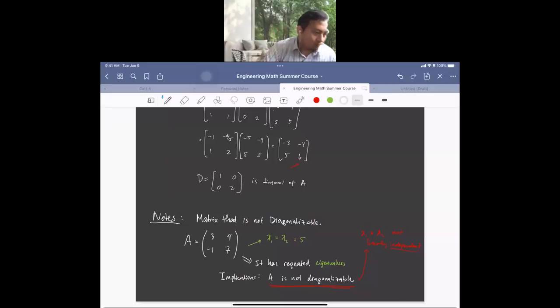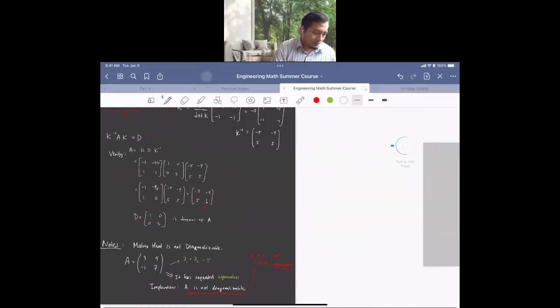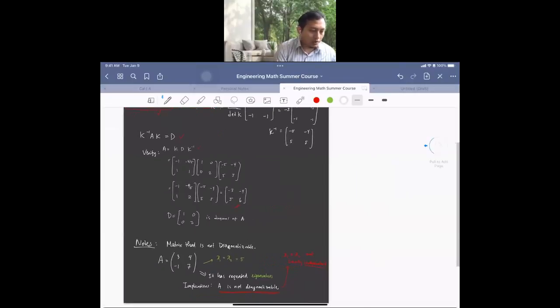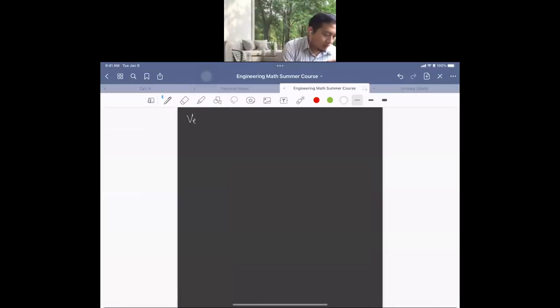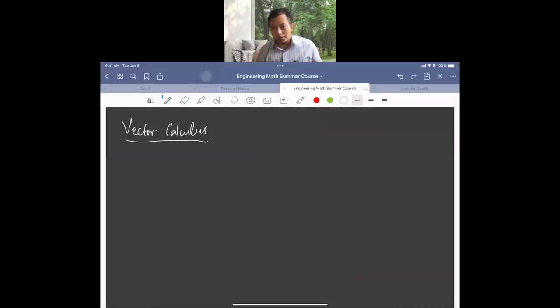Okay, now we move on to vector calculus. What I want to start with is that in calculus 2, you have learned about vector functions.